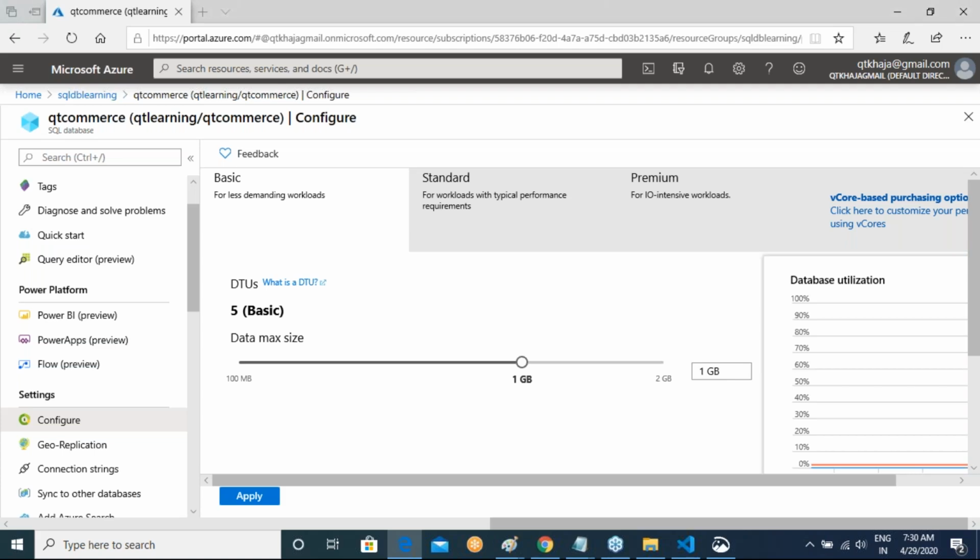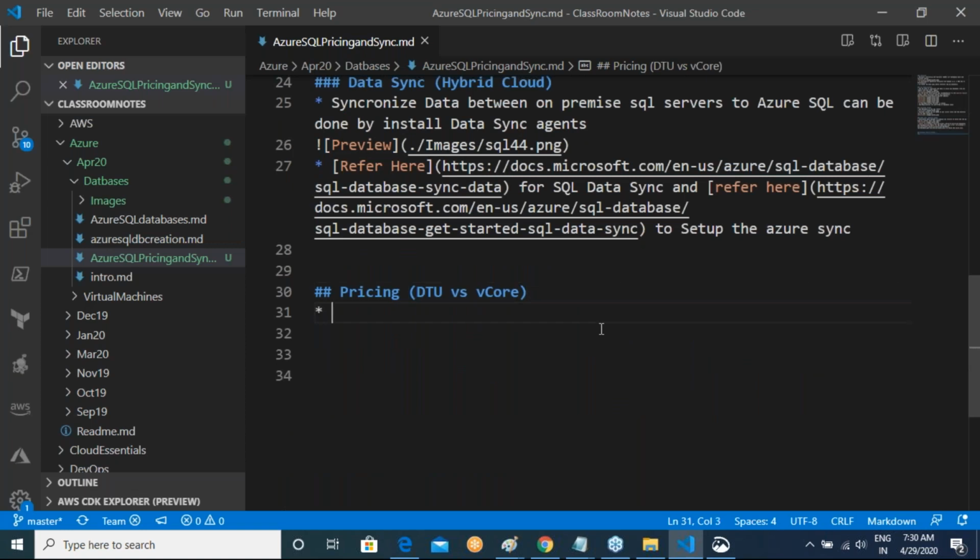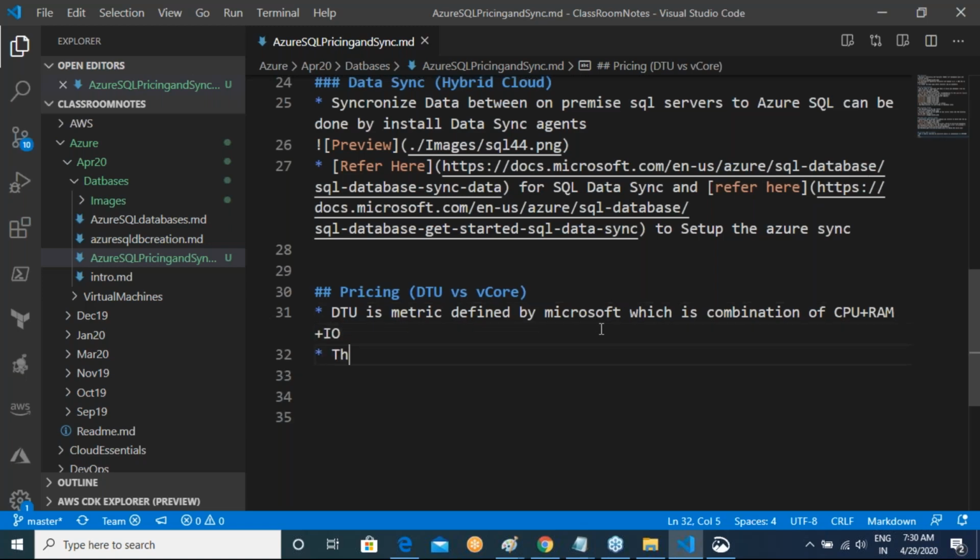DTU is a metric defined by Microsoft which is a combination of CPU plus RAM plus IO. But the problem was, this is a confusing measure.